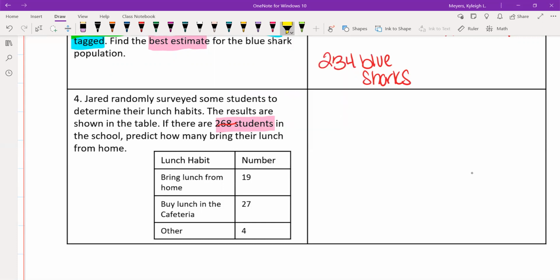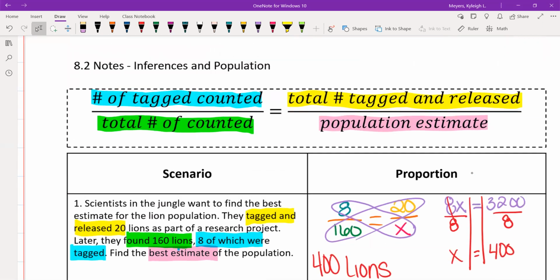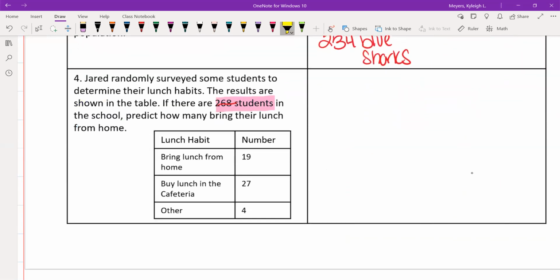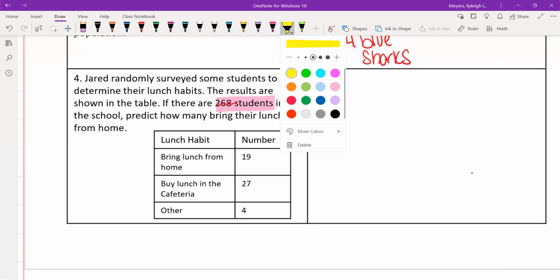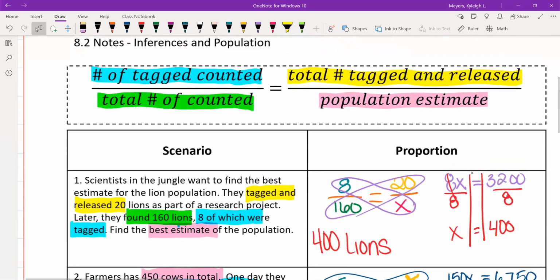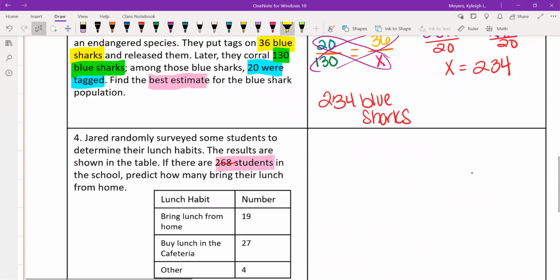What that's asking us is that's going to be our tagged counted, because we've surveyed them. Survey is like marking them. We want to figure out our total marked. So how many kids bring lunch from home?